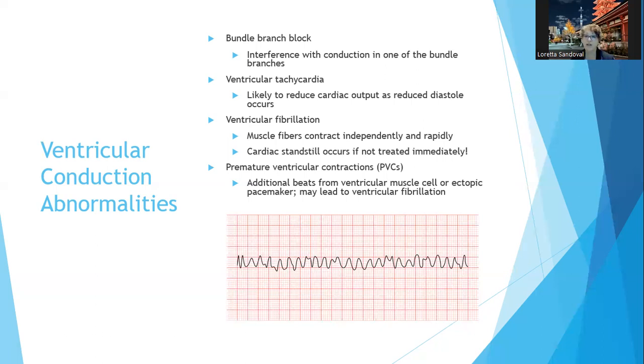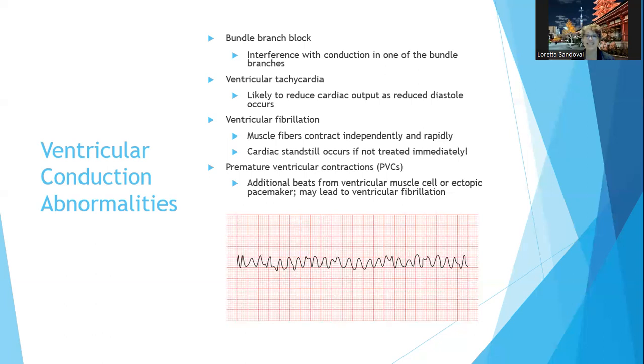Premature ventricular contractions, or PVCs, are additional beats from the ventricular muscle cells or an ectopic pacemaker that may lead to ventricular fibrillation. You can have just the odd PVC and it's not going to be a problem, but if it keeps happening, it could lead to ventricular fibrillation.